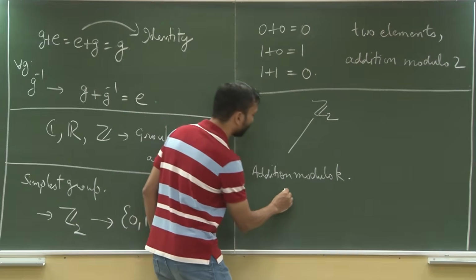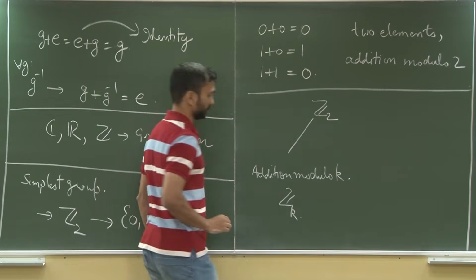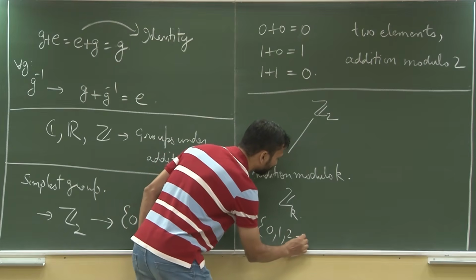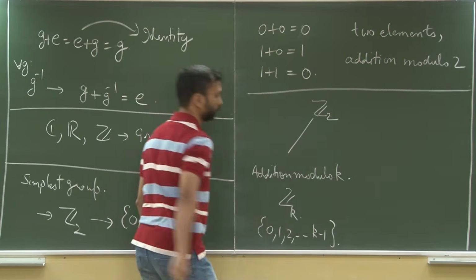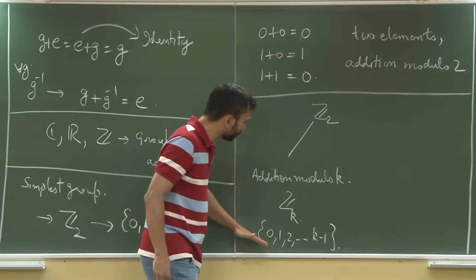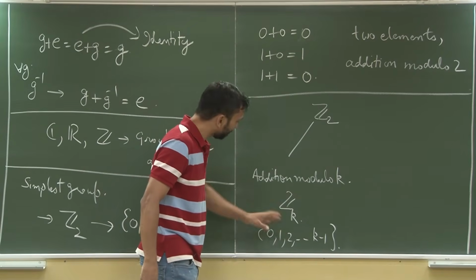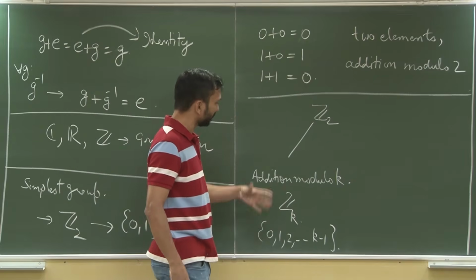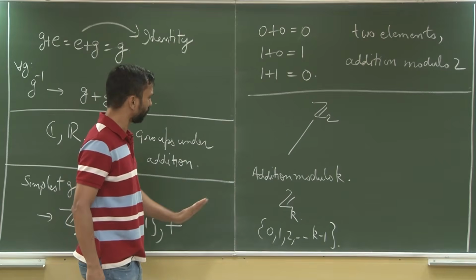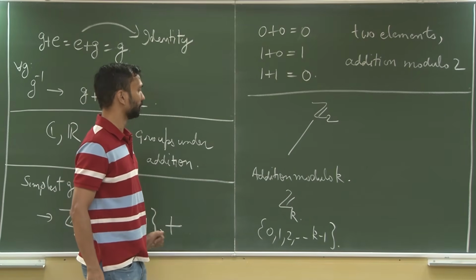This would be called the group Zk. This will have elements 0, 1, 2 up to k minus 1. You can think of them as congruence classes also, but simply put, there are k elements here and you take addition modulo k, then you always remain inside this set, and this is also a very simple group.